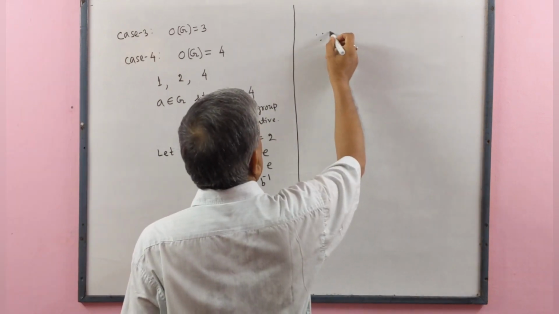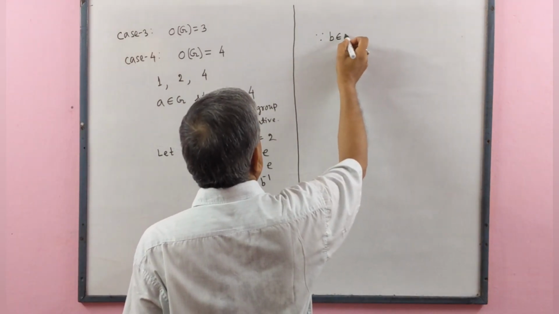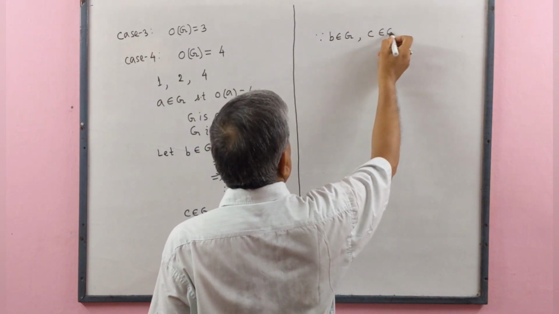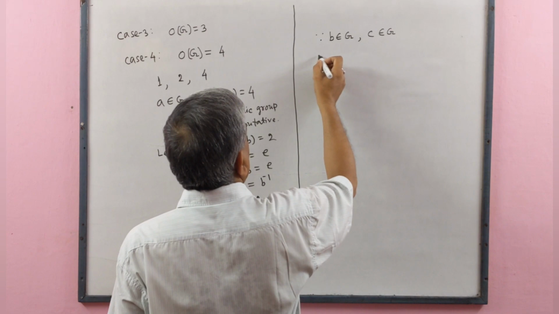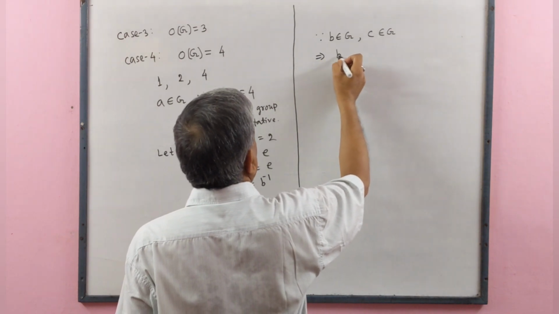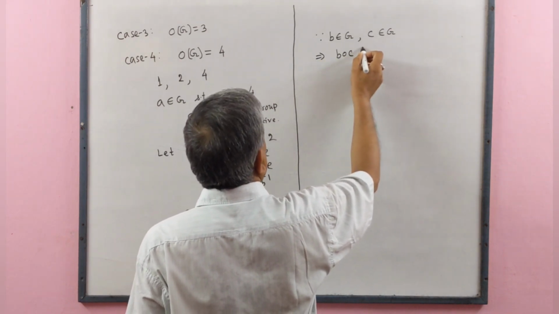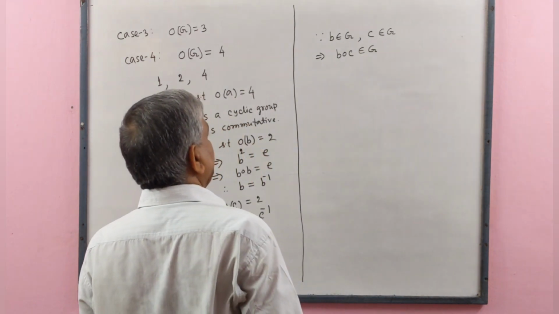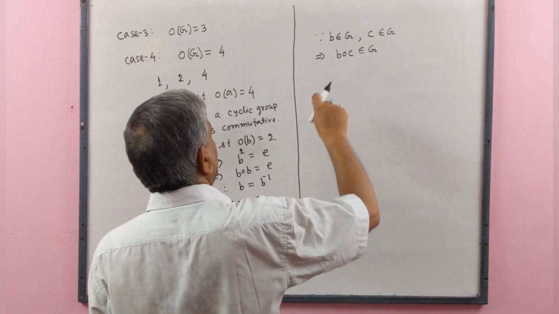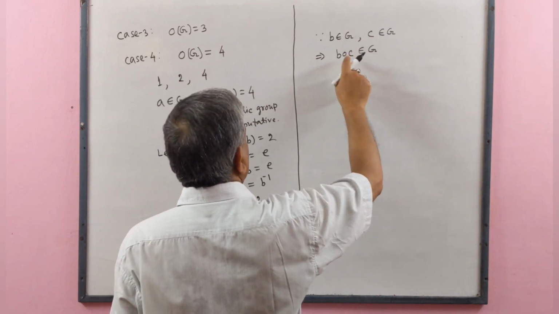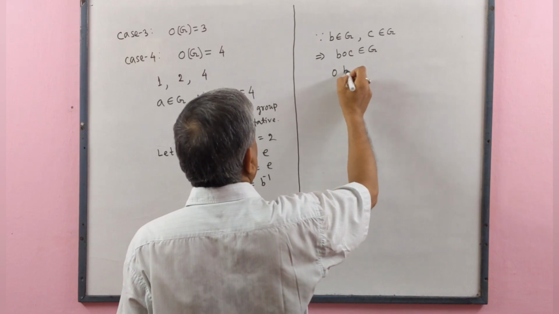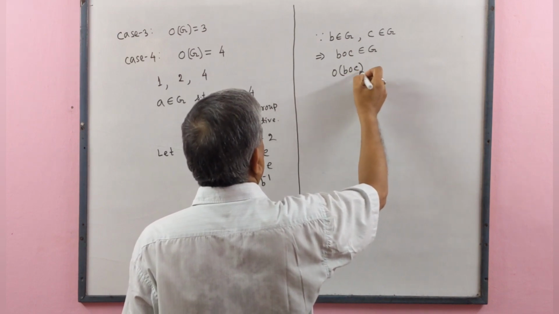Since b belongs to G and c belongs to G, implies that b operation c belongs to group G by closure property, and order of this will be also 2.